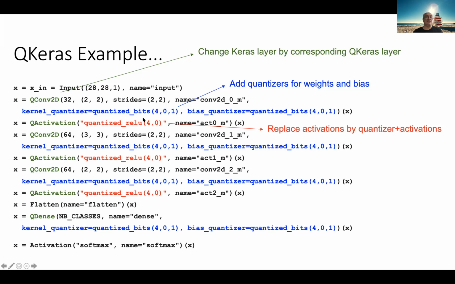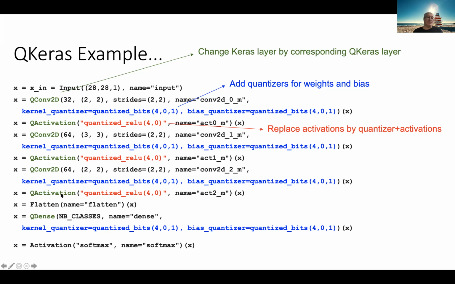In this case, I'm using quantized bits, 4 bits, 0 bits to the left of the decimal point. And actually the activation that I'm using afterward is a quantized ReLU with 4 bits with 0 bits to the left of the decimal point. So it's basically the ReLU is between 0 and 1, but it's not going to be 1 because it's going to be 1 minus 2 to the power of minus 4 in this case.